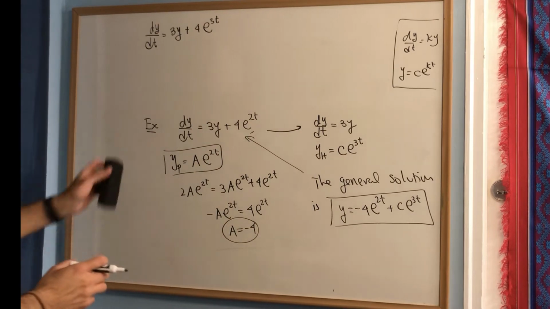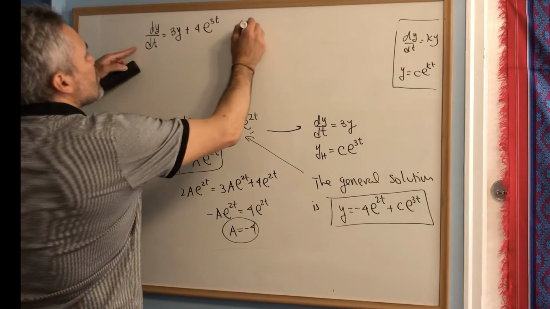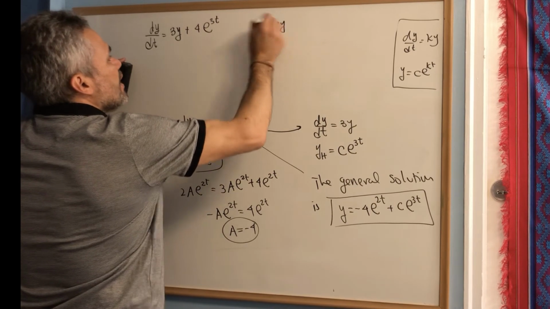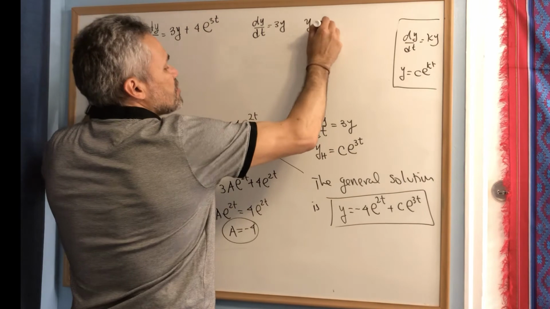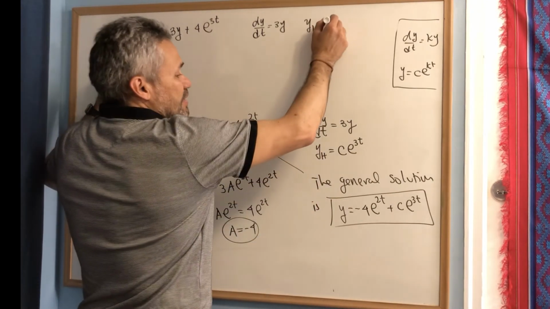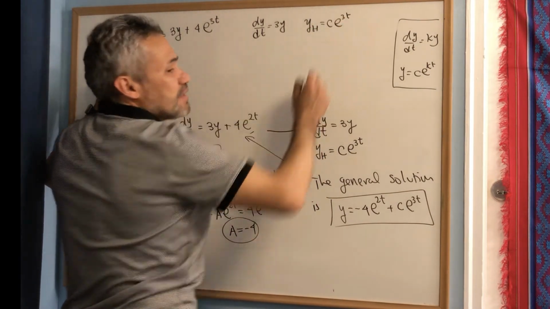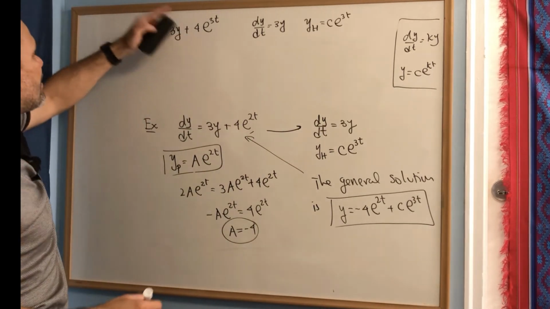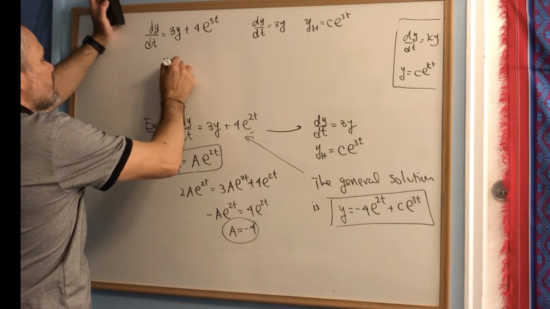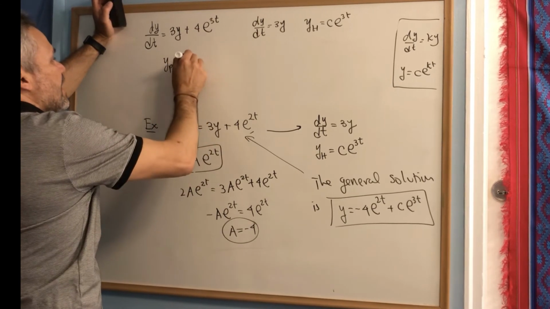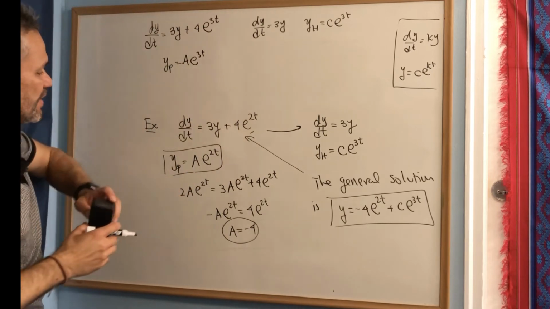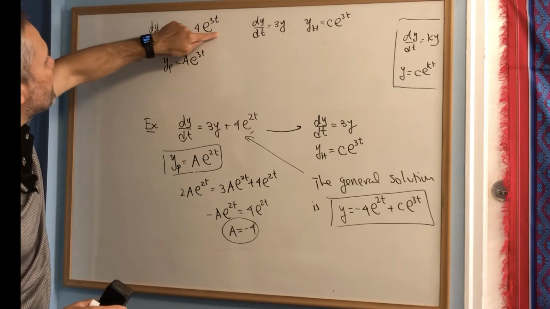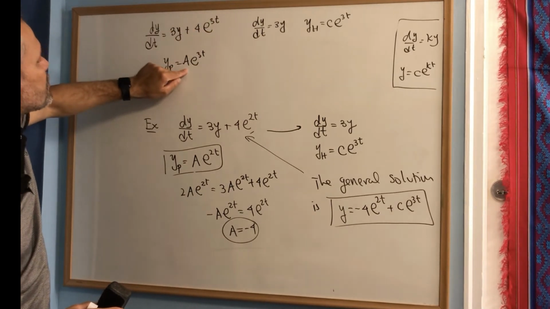In this case, the homogeneous equation is just dy dt equal 3y, and the solution of the homogeneous, which I already did, is c e to the 3t. Let's see what happens if I look for the particular solution in this way, something like a e to the 3t, by looking at the non-homogeneous part and trying to find something similar.